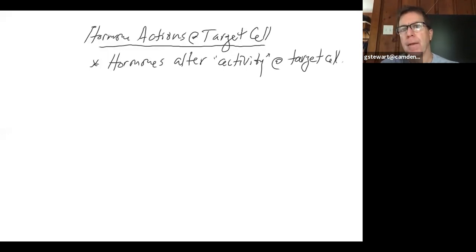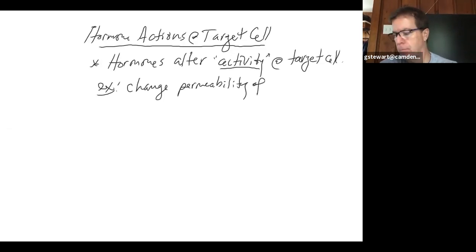So let's do that now. I'm just going to give you some examples. Examples of altering activity at the target cell would be things like they might change permeability of the plasma membrane at the target cell.